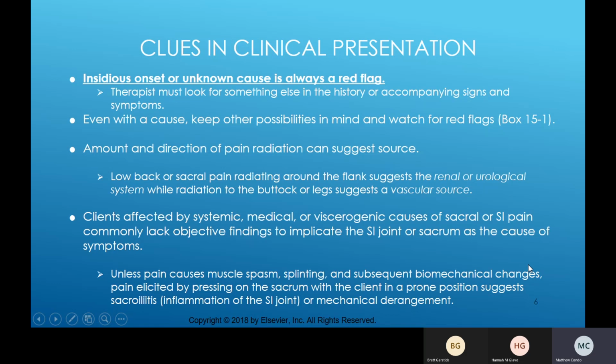If I have low back or sacral pain, and I'm getting this weird wrapping around the flank of pain, it's very possible that that's kidney stone, especially if I have aggravating pain with urination. Right? If my back pain gets super duper bad when I urinate, it's probably not erector spinae. Fair?